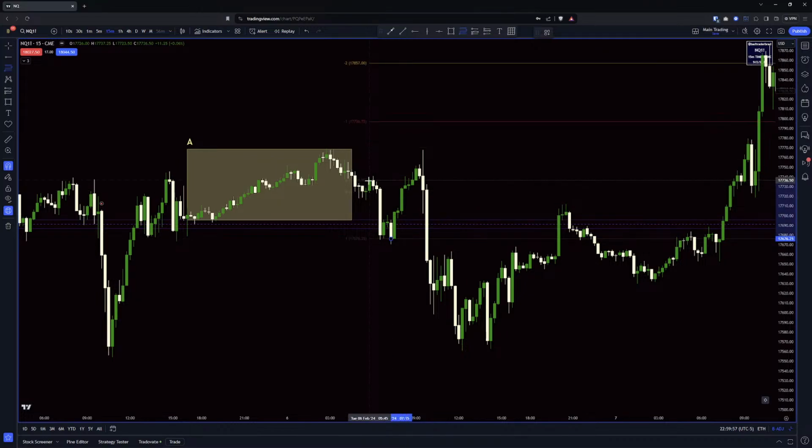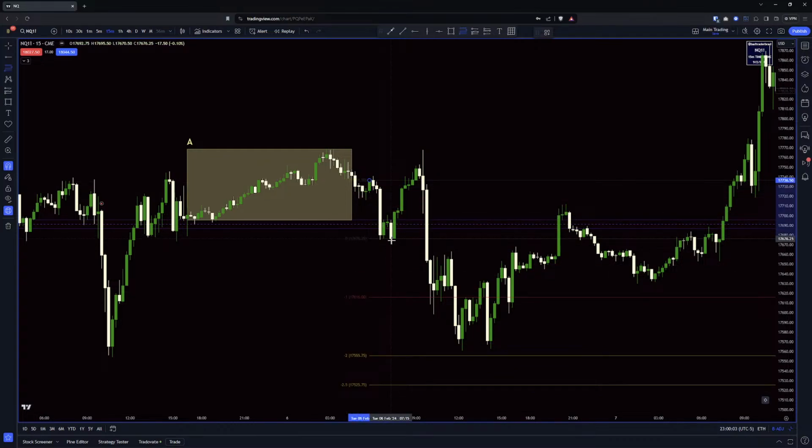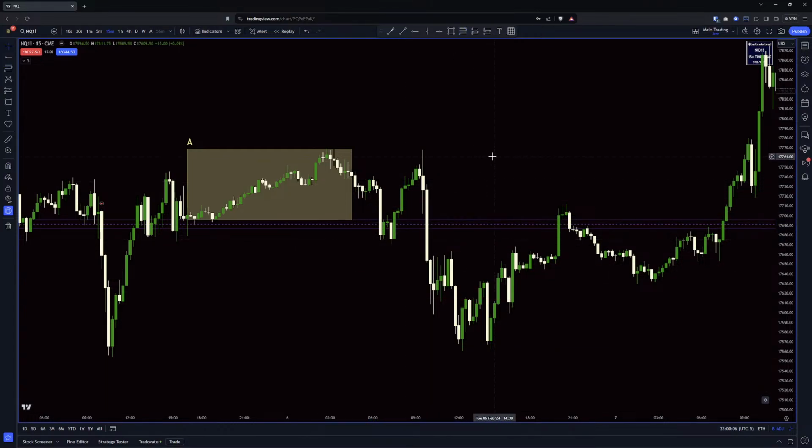Highest close, lowest close. Yeah, this one's a tricky one too. I guess we would do the same one, the same swing here. What a strange one.